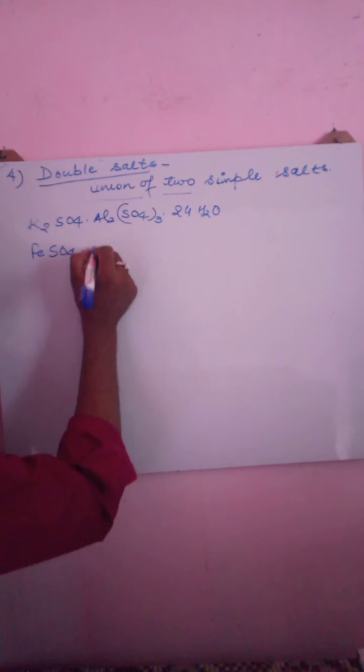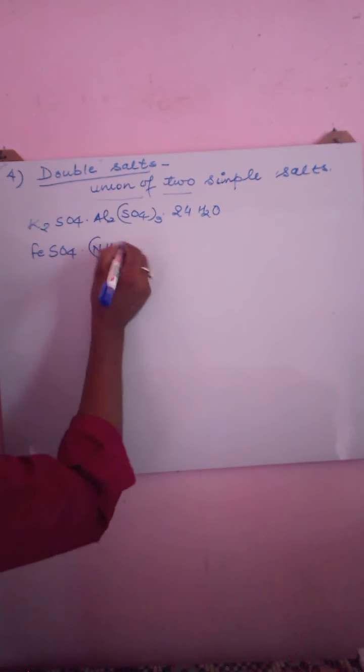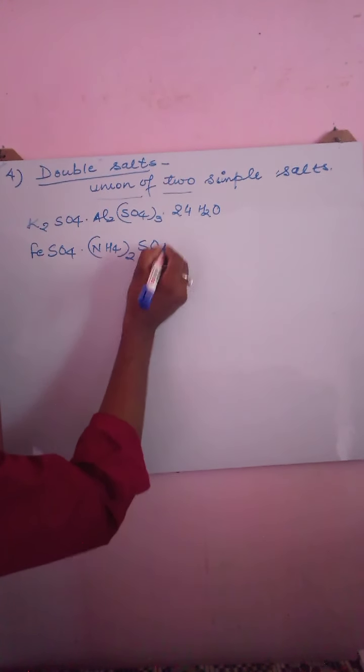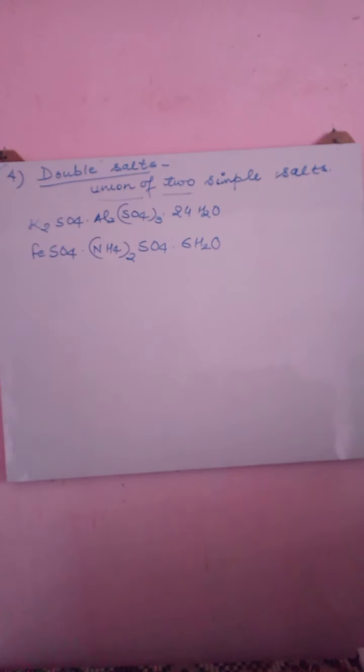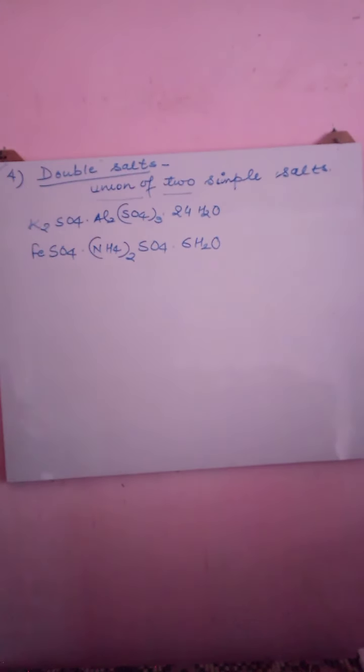Ferrous sulfate, ammonium sulfate.6H2O. It is also a type of double salt. These two salts are prepared by the union of two simple salts. Thereafter, they are dissolved into the water and later on crystallize.